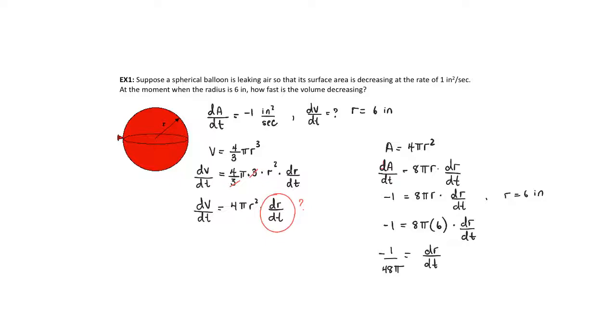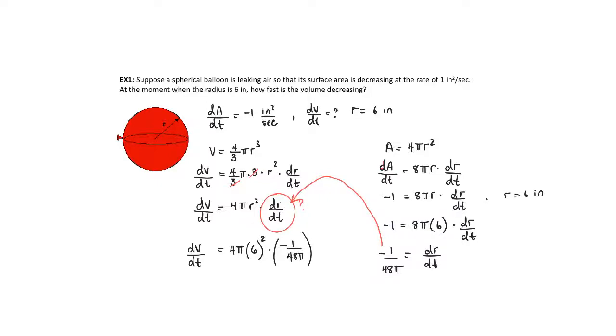So now that I have dr by dt, I can take that value and substitute it right there. That means that we're going to have that dV by dt is going to be equal to 4 pi. Again, because I already differentiated, I can substitute the value for the radius, so 6 squared times -1 over 48 pi.